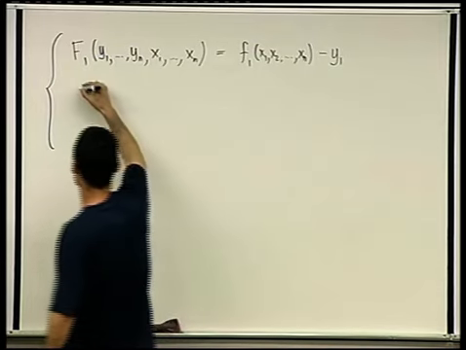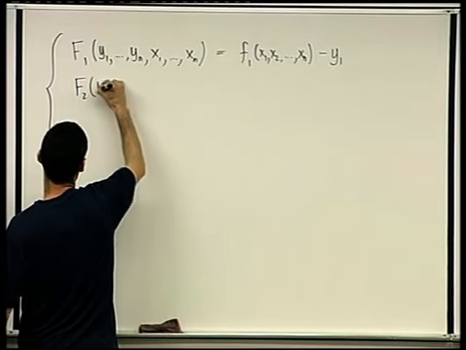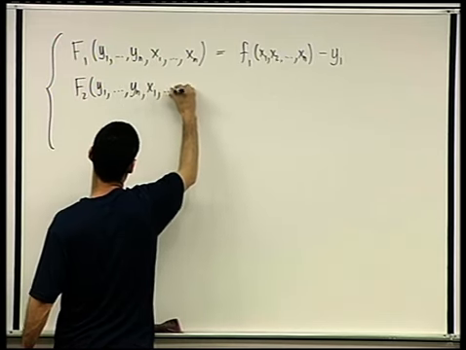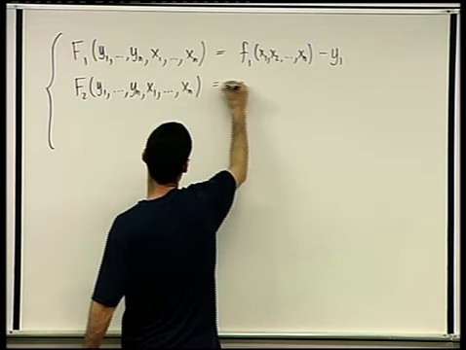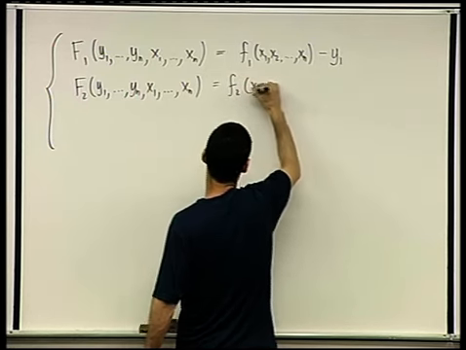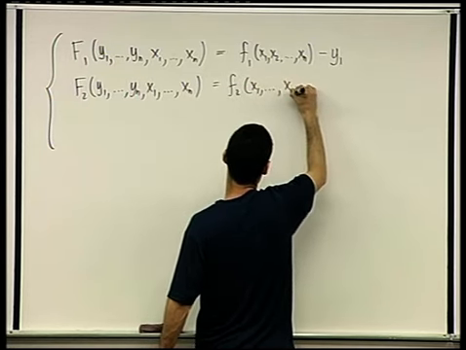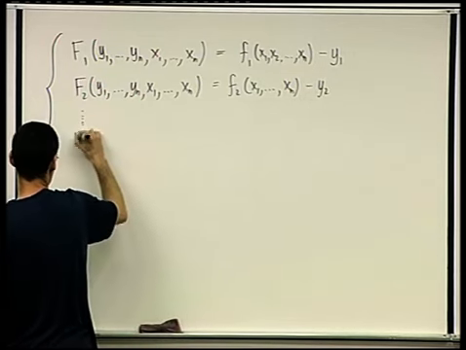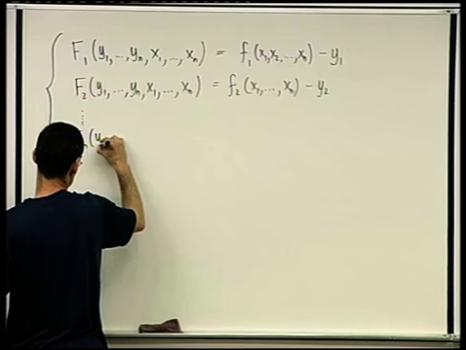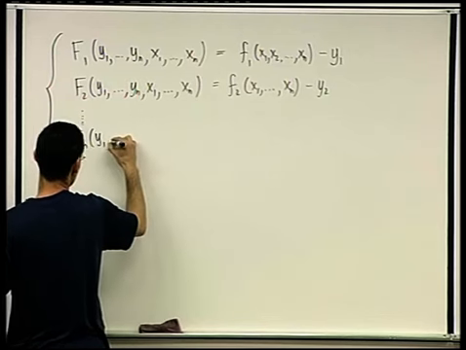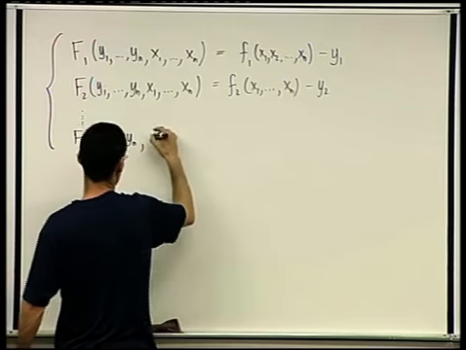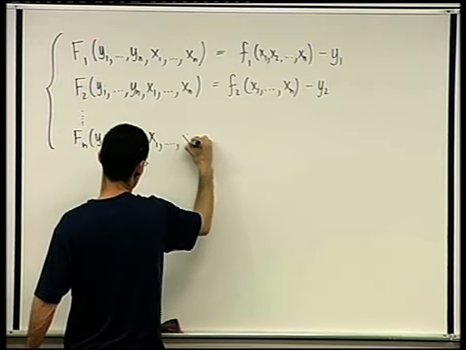And similarly, F2 of all these equals f2 of the x's, little f, minus y2, and likewise all the way up to Fn. Make sure you distinguish between big F's and little f's so you don't get things totally confused.